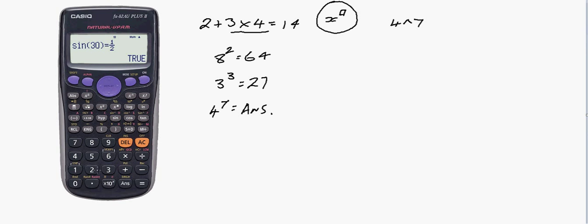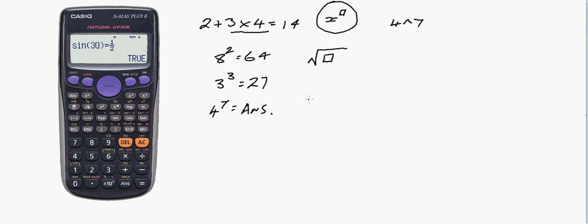Now, if we want to find the root of a number, we have this button here. We have the root sign, and again a little white square inside of here.